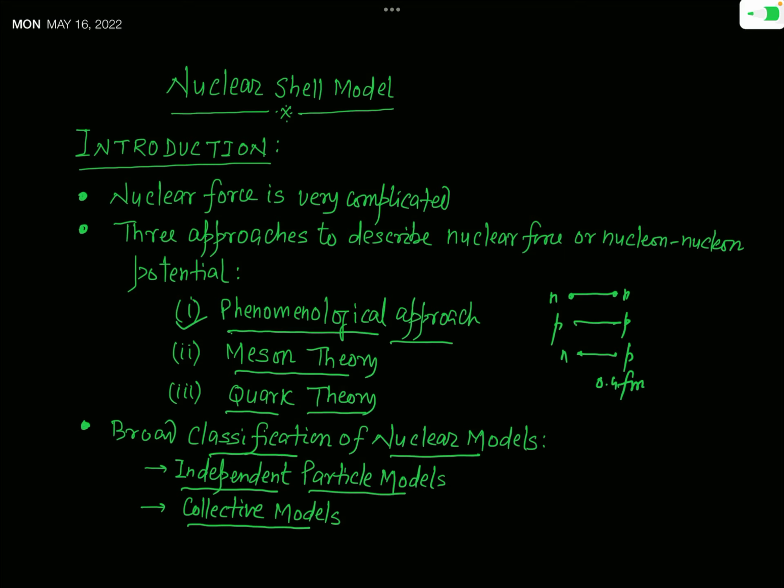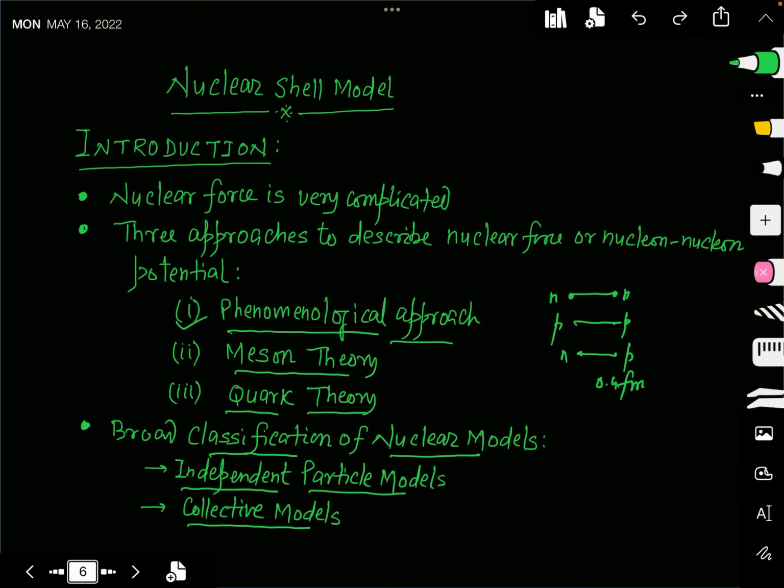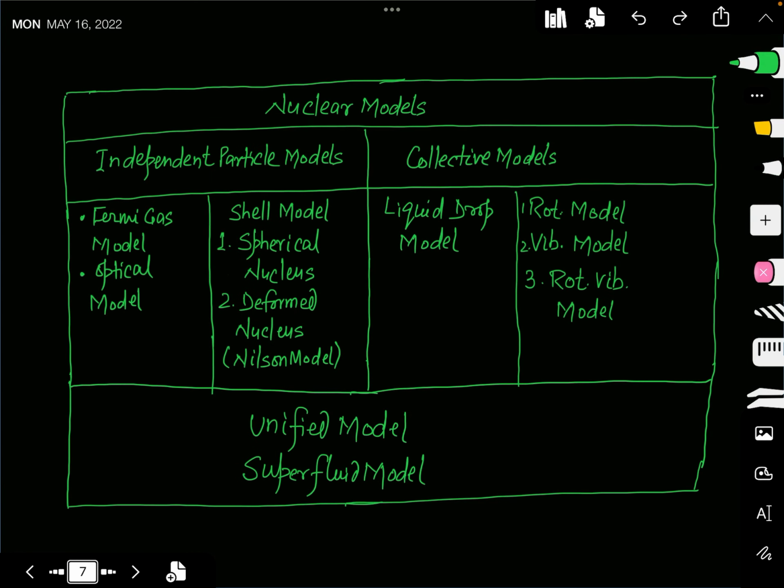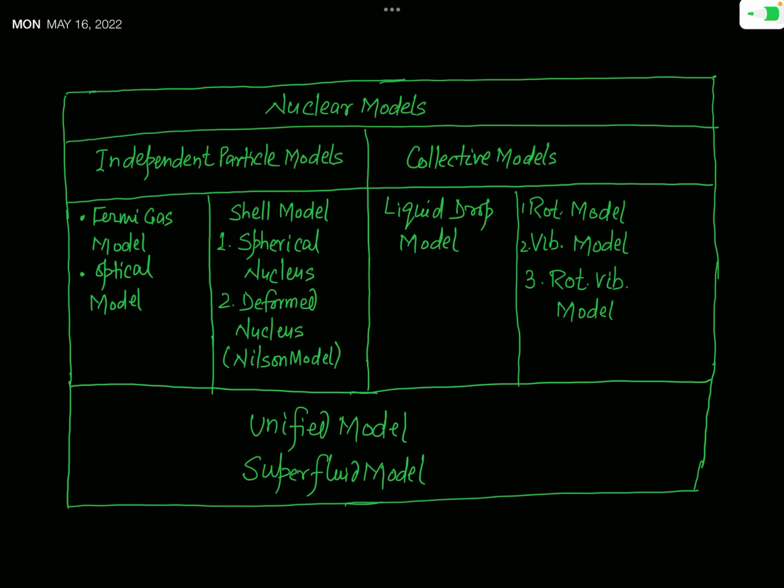So first of all, I have given, in a tabular form, the different models which have been developed till now, and as I have told you, in a broad sense we can classify the nuclear models into two classes. The first is called the independent particle model and the other is called the collective model.